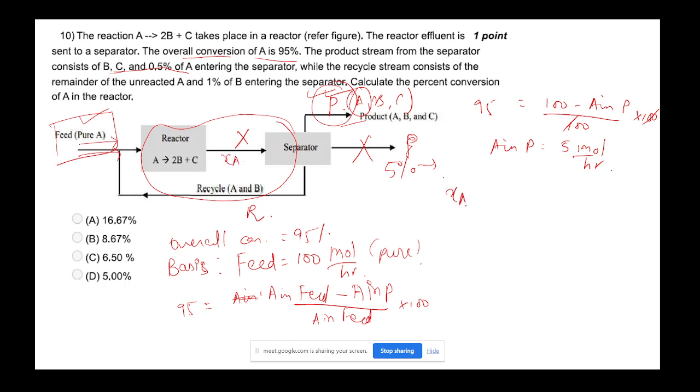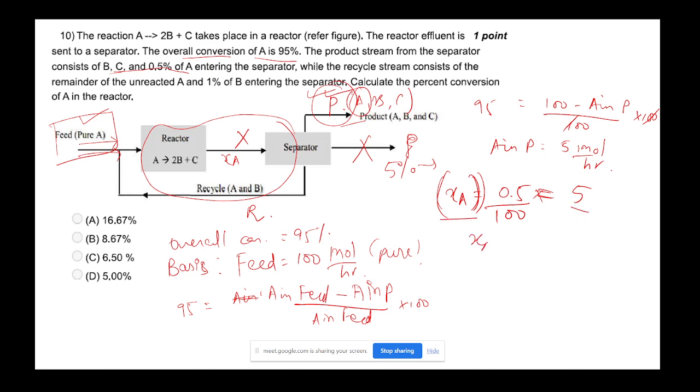So XA which is present in the X stream, 0.5% of it. So 0.5 by 100, don't just take 0.5, it is a percentage. So 0.5 by 100 into XA should equal 5, because 0.5% of this is 5.